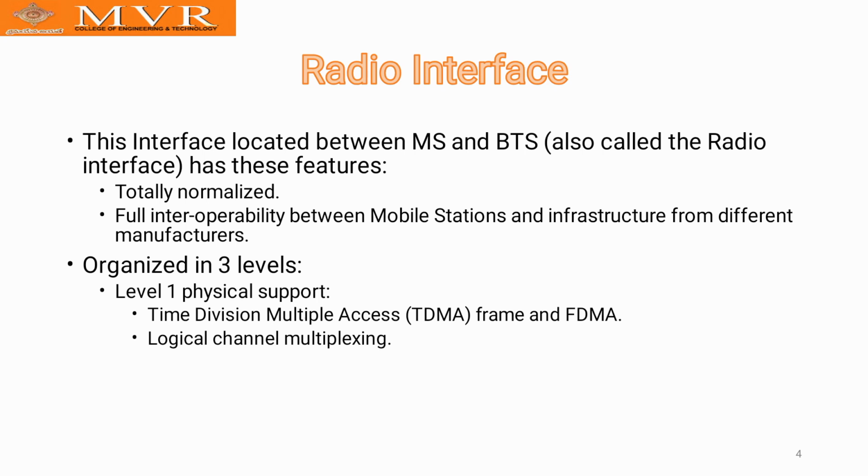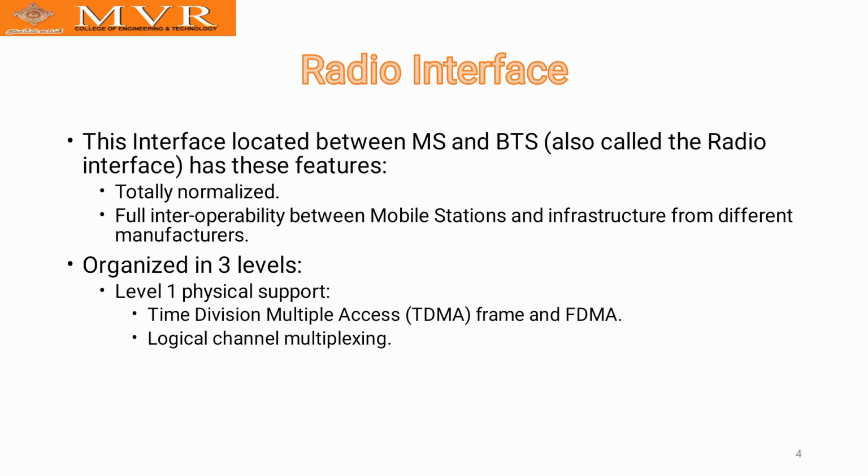The radio interface is located between the mobile station and the base transceiver station, and has these features. It is totally normalized, with full interoperability between the mobile station and the infrastructure from different manufacturers, and it is organized in three levels.